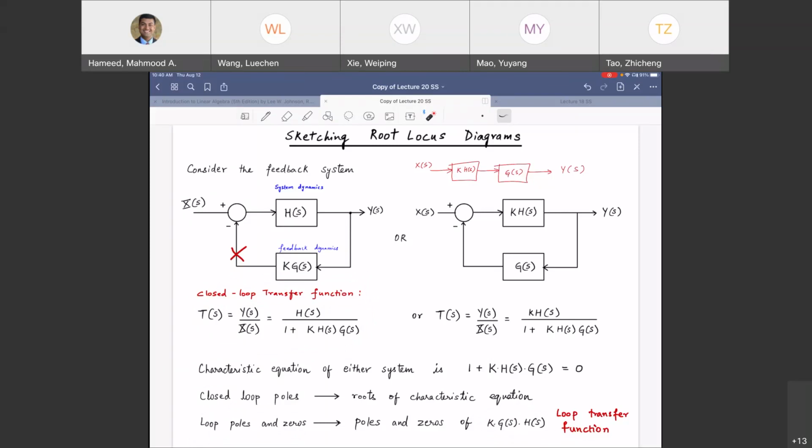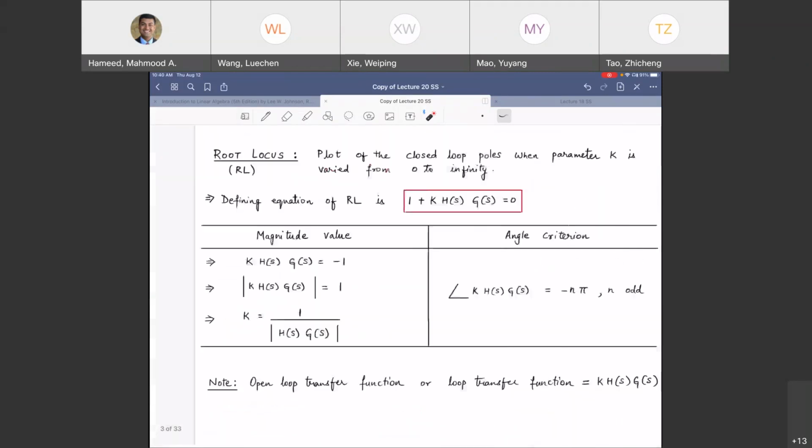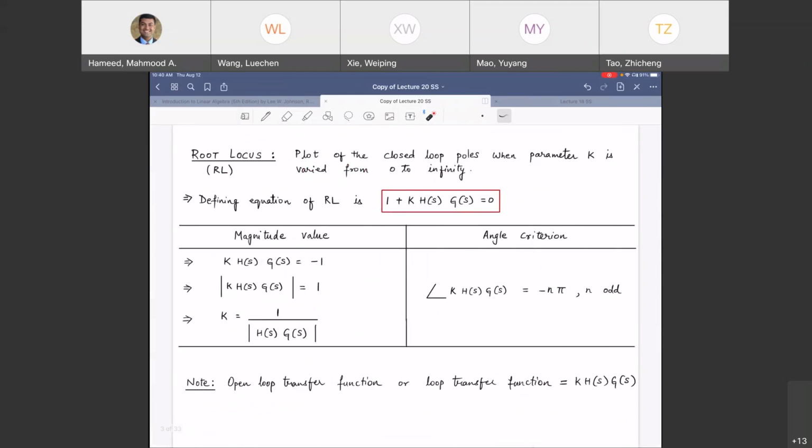But when you talk about the root locus, you monitor the movement of loop poles and zeros because they are part of this particular characteristic equation. So as you change k, the loop poles will move around. We'll try to use that denominator equal to 0 condition to see how the poles move as you change k.